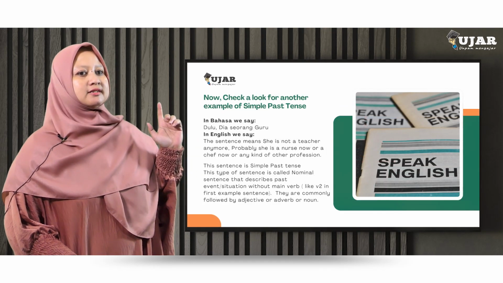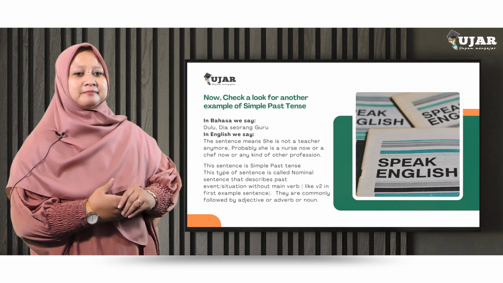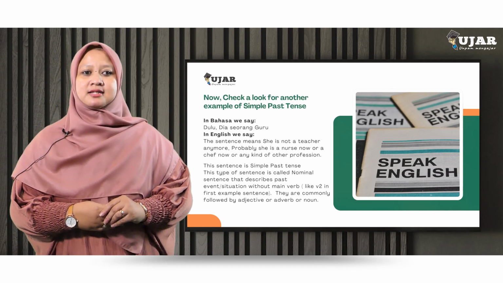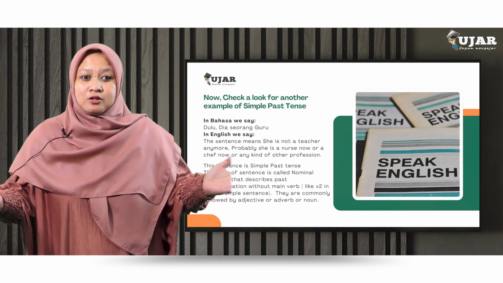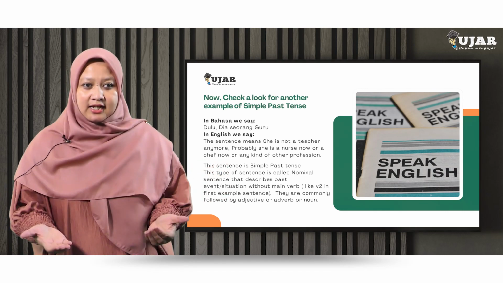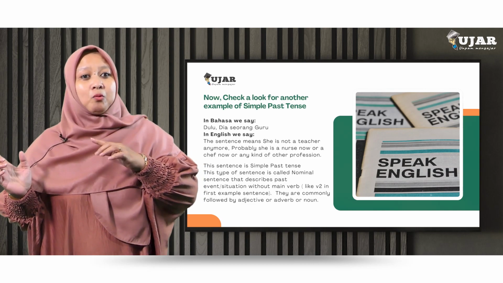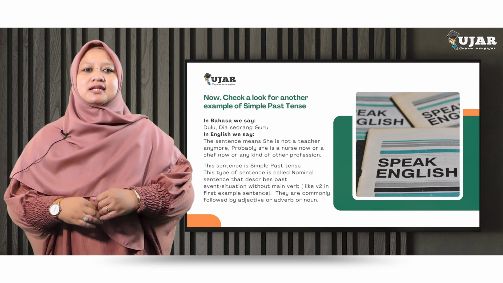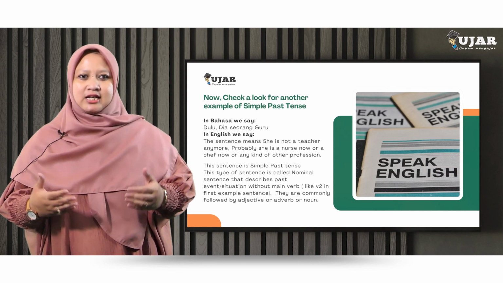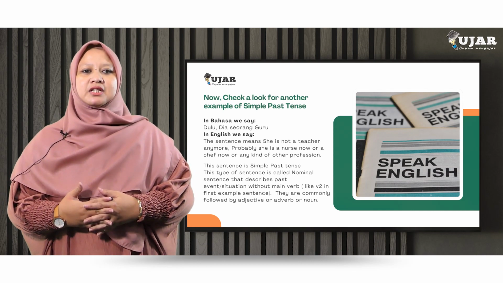Now take a look at another example of simple past tense. In bahasa, we say, dulu dia seorang guru. In English, we say, she was a teacher. The sentence means she is not a teacher anymore.